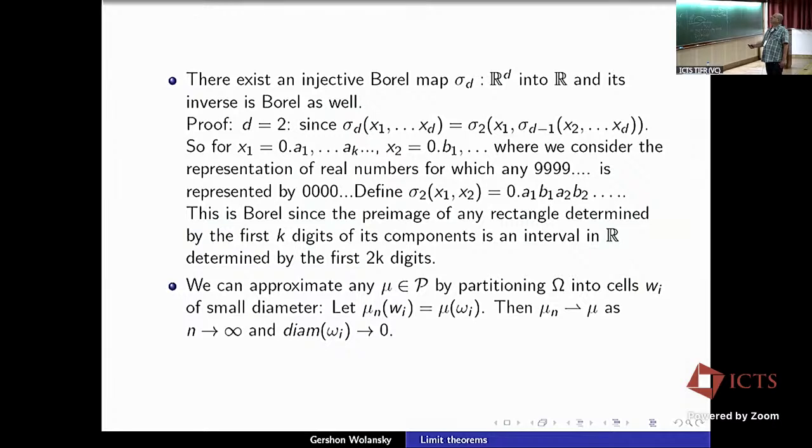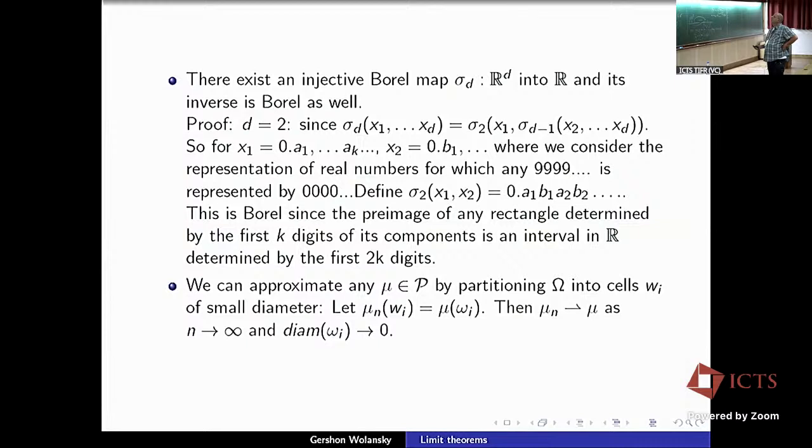For number x1 equals 0.A1 A2 and so on, and x2 equals 0.B1 B2 and so on. We can remove all numbers which end with an infinite string of 9s, and represent them by 0 instead. This gives us just a set of measure 0. The rational numbers have measure 0, they don't count.